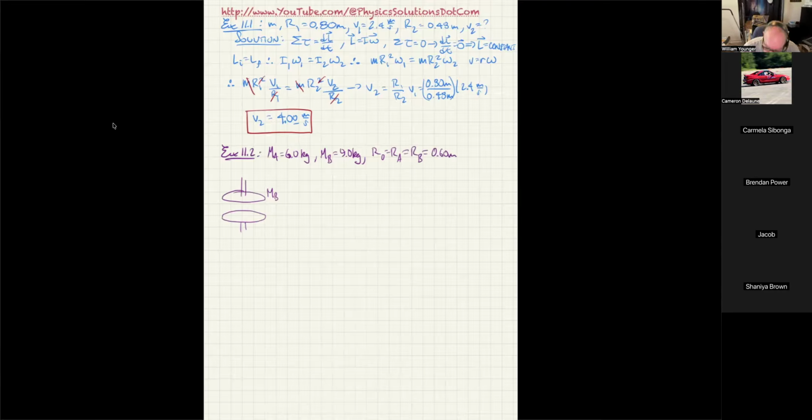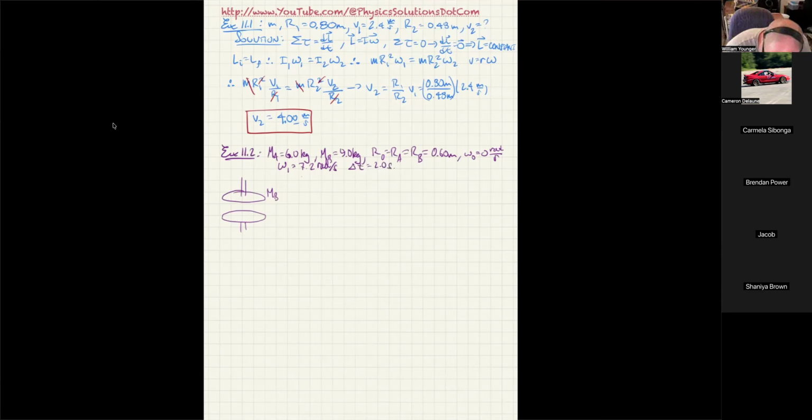And what we found was that omega 0 was 0 radians per second, but omega 1 was equal to 7.2 radians per second, and that takes place after a time delta t equals 2.0 seconds.